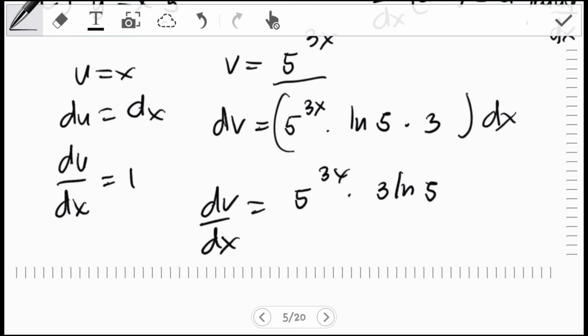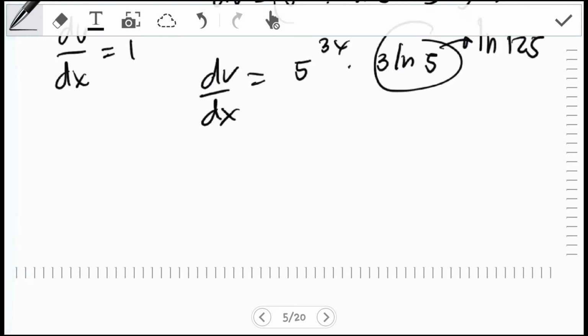So take note, 3 ln 5 is equivalent to ln 125. So dv over dx is 5 to the power 3x ln 125.